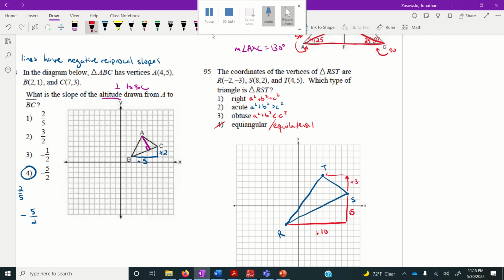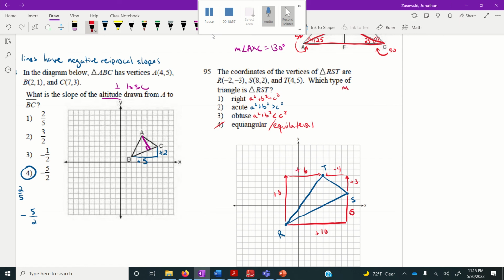And then we can move left 4. That's -4. And then from R, we're going to go up 3, 4, 5, 6, 7, 8. And then we're going to go over to the right. Looks like 6.